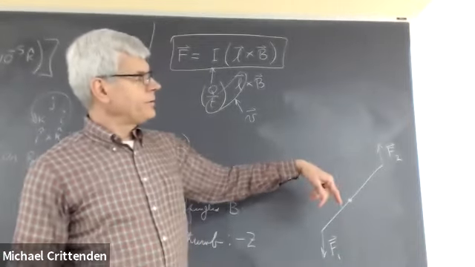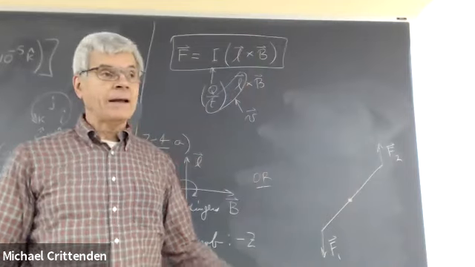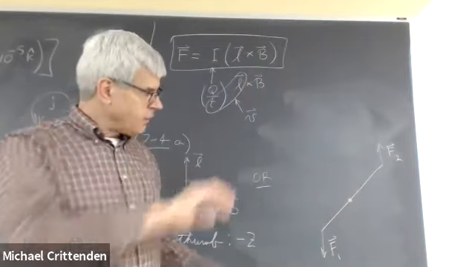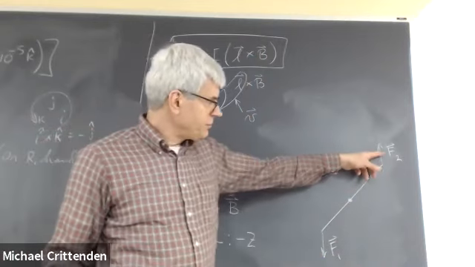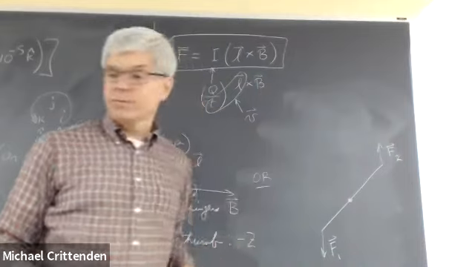So there's no net force, so the loop of wire isn't going to shoot off to the side, but it will twist until these two forces become collinear, and then that would be the equilibrium position for the thing.